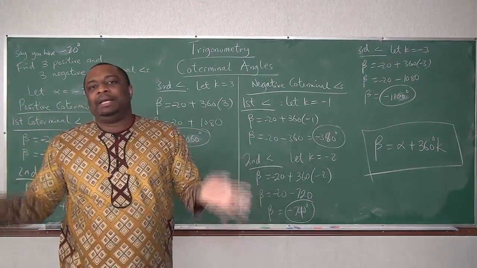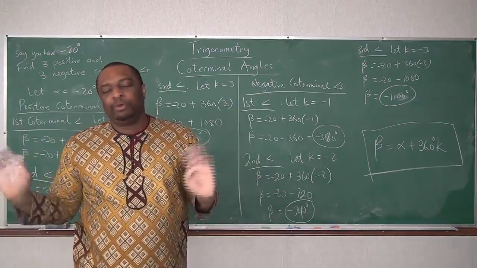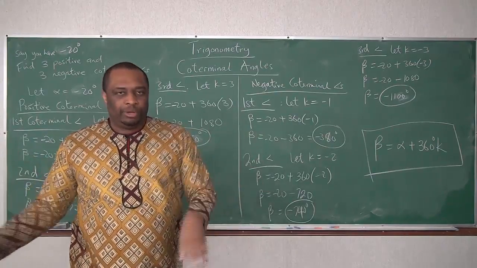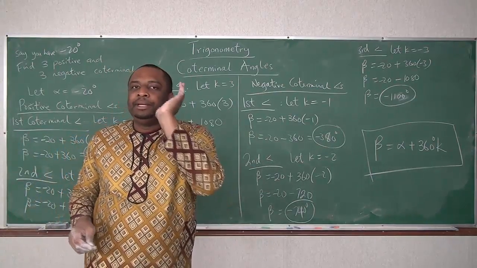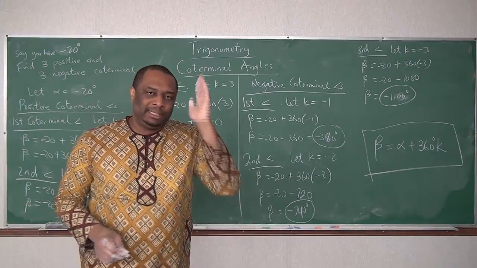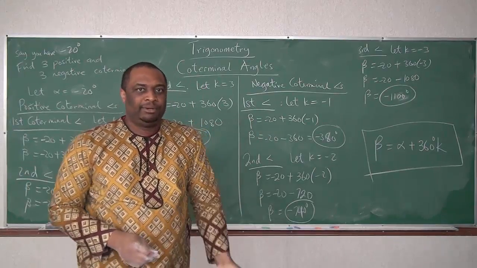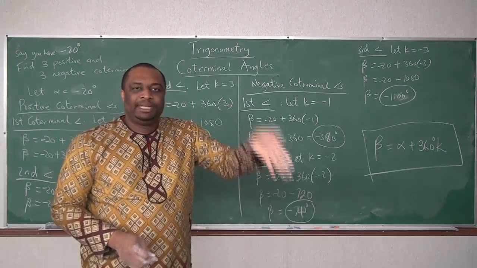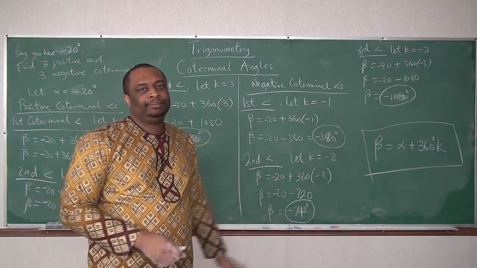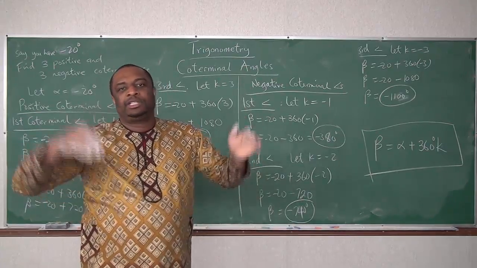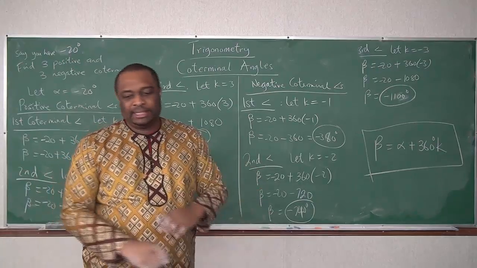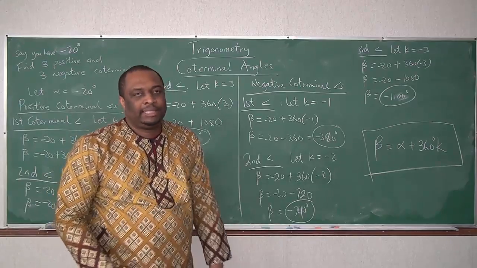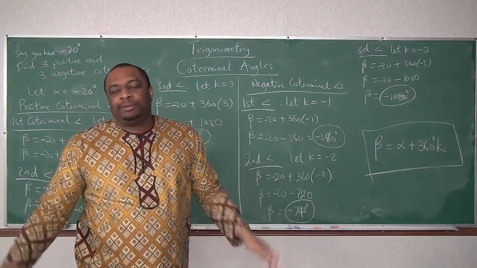An angle and its coterminal angles are in the same quadrant, because they have the same terminal side, and the terminal side of an angle is what determines what quadrant that angle is. And if the terminal side falls on an axis, either the positive or negative x-axis, or the positive or negative y-axis, it is a quadrantal angle.